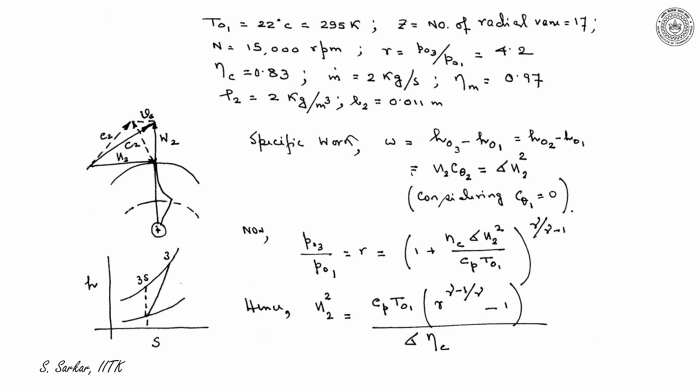Let me explain you the velocity triangle of a radial flow impeller. So let us consider the angular speed of the impeller is omega, and I have indicated the direction of the rotation, and U2 be the blade speed. So I have drawn U2 here.